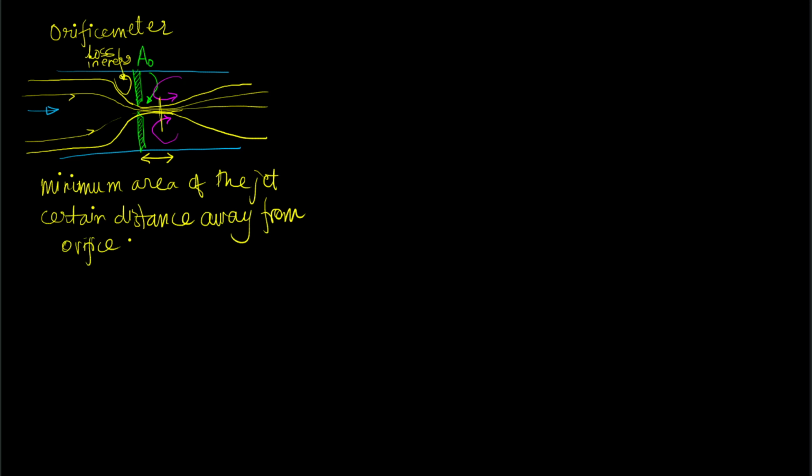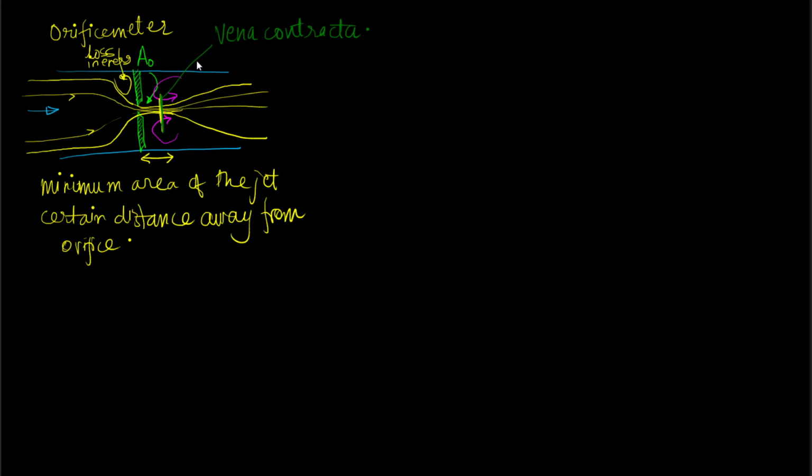And this location where the area of cross section of the jet is minimum is called the vena contracta. It is smaller than the orifice diameter. It is because the inertia of the jet causes the jet to keep on thinning up to a certain point away, and the recirculation zones also give rise to this phenomenon.